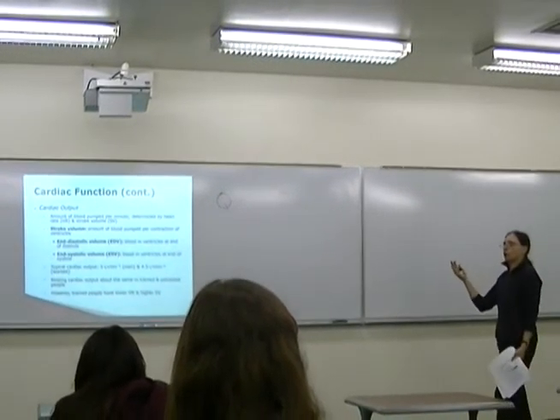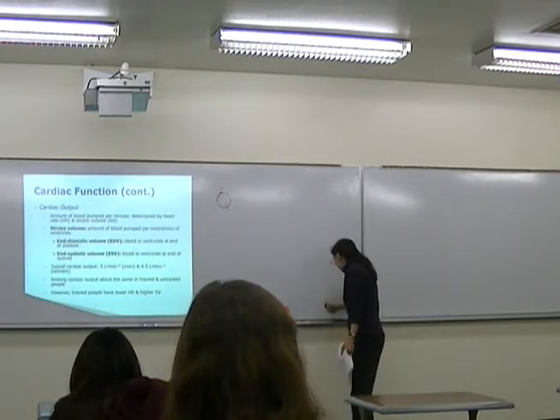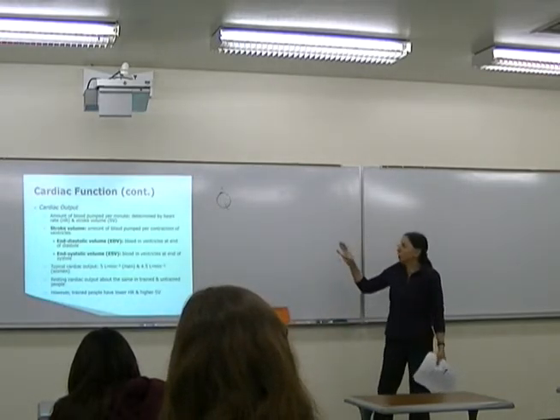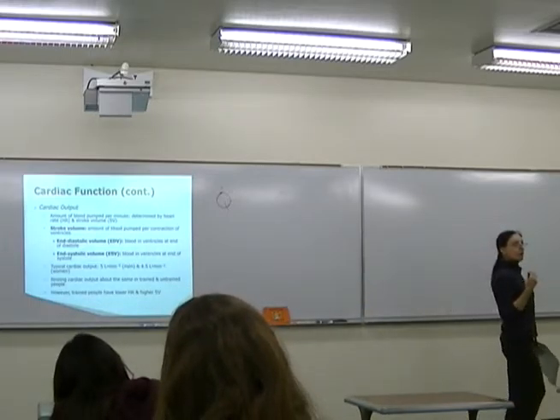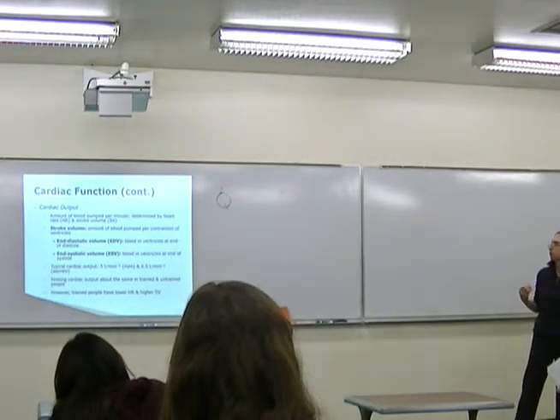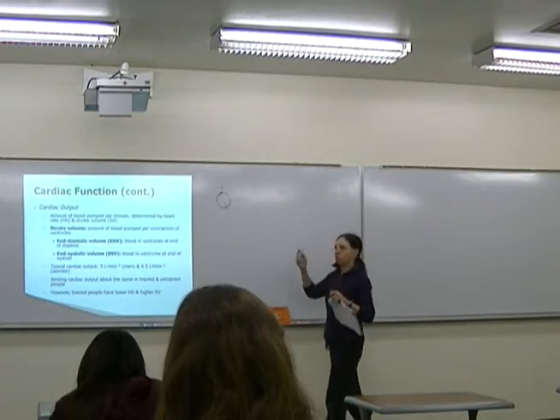It's a very old choice of symbol to me for cardiac output, but that's what it is. So Q, cardiac output, is how much blood is pumped out of my heart per minute.